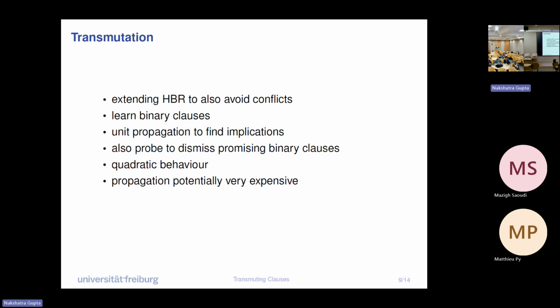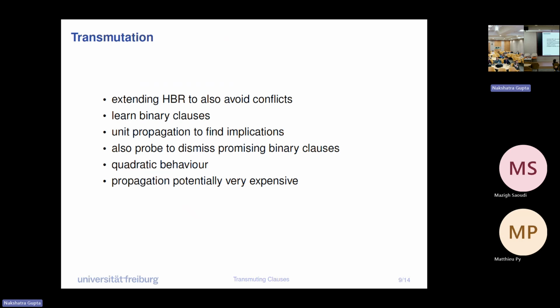And I have an overview again. So transmutation is trying to extend hyperbinary resolution to avoid conflicts, instead of just getting implications. And it learns binary clauses, and it uses lots and lots of unit propagation.